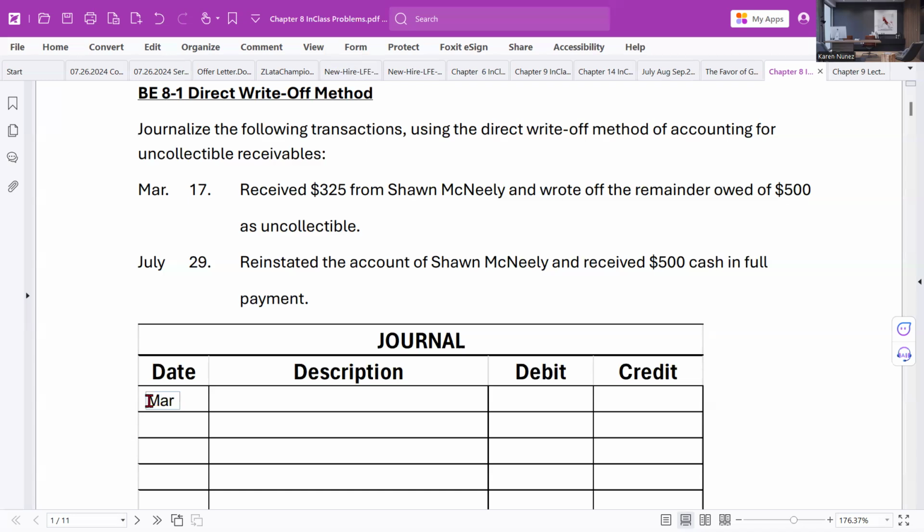On March 17th, the direct write-off method means we're going to recognize what we're able to receive, which is some cash. All we're getting is $325.